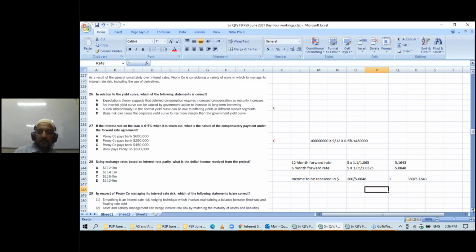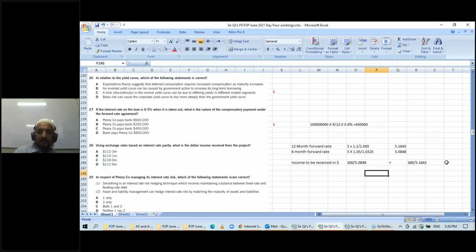So this is how it works. So this makes the total amount to be 112.9 million. The correct answer to this is D. So first, using the interest rate parity theorem, I calculated the forward rate, and then I hedged it, converted into the local currency.